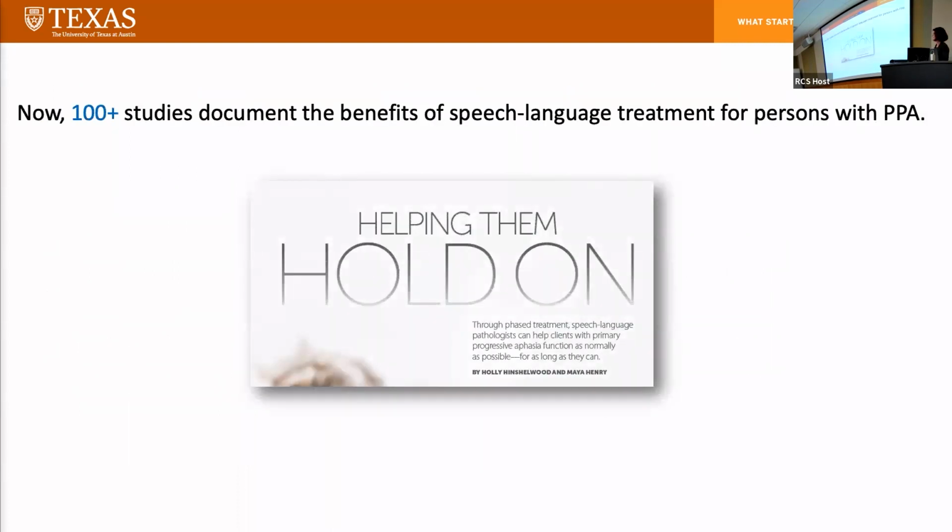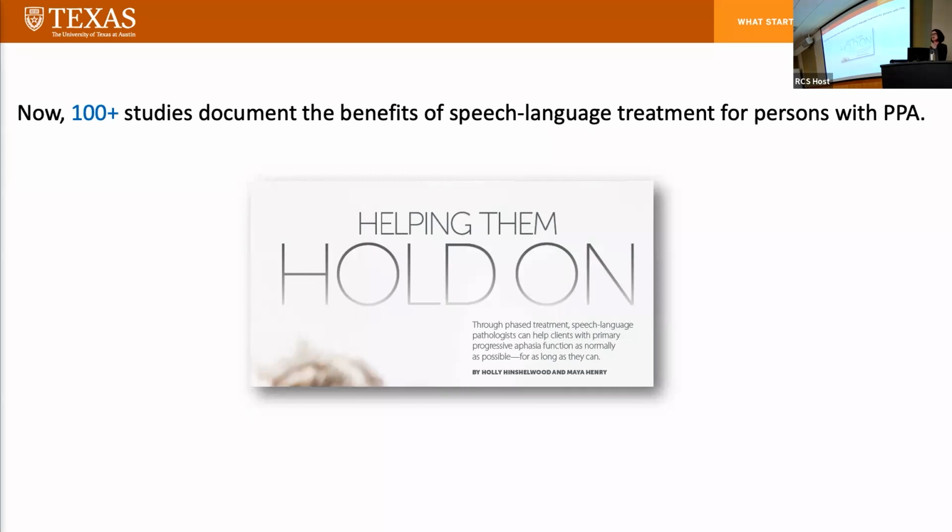And I'm happy to say that at this point, there are over 100 studies, many of them single cases or small groups, so it's still a modest literature, but the vast majority of these studies show that treatment is beneficial for people with PPA. The problem is these people still aren't getting referred to us.